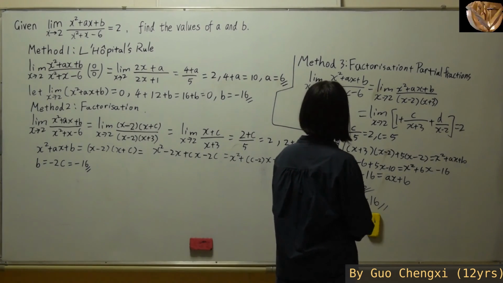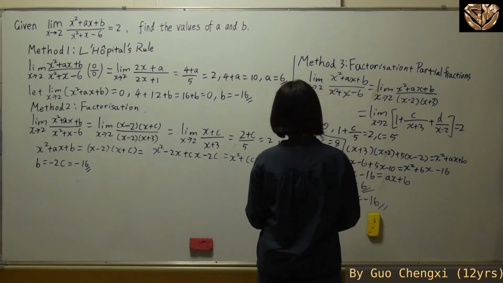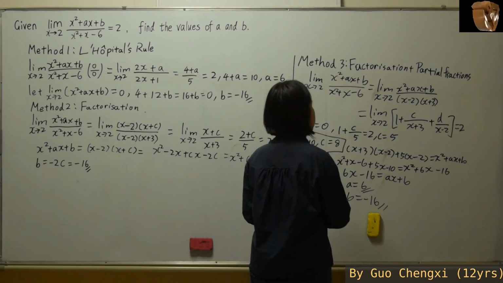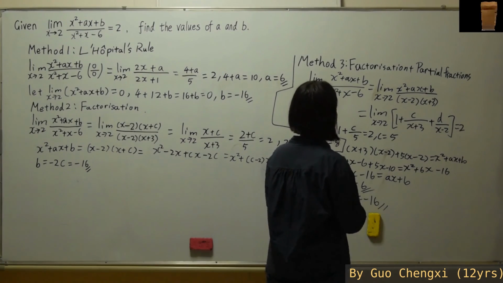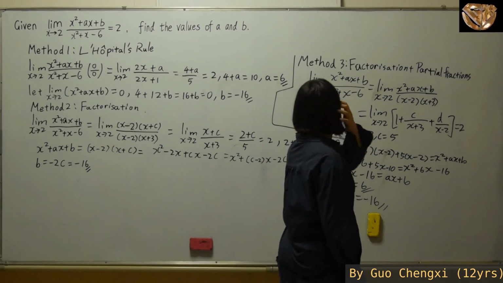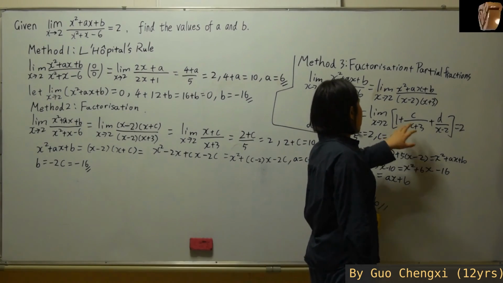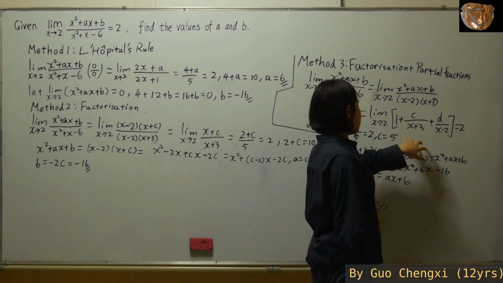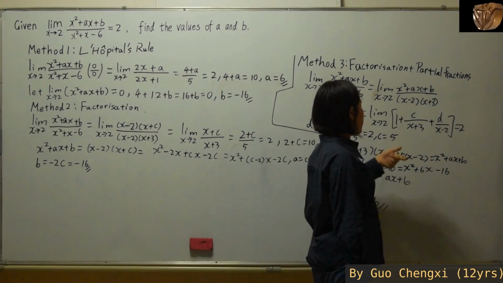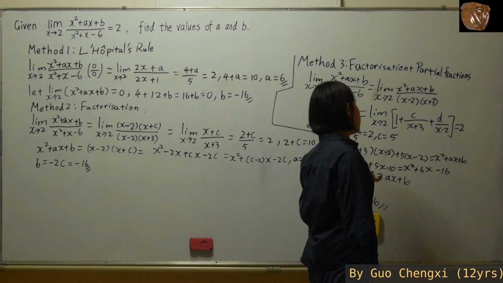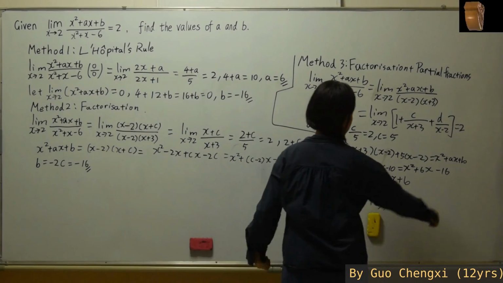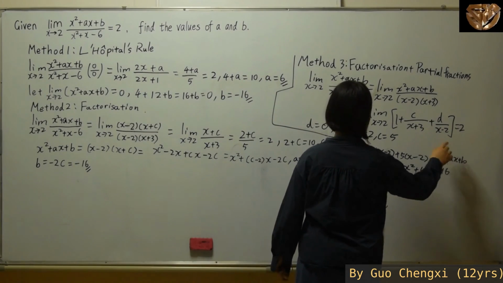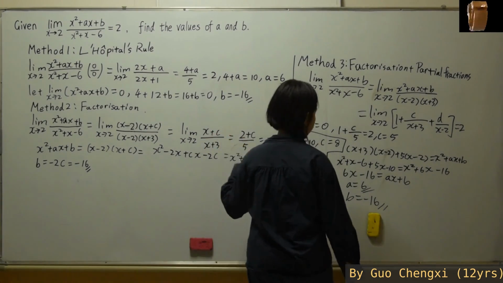For the factorization part, it's the same as method 2, it's just that it is only for the denominator. While for the partial fractions, after the denominator factorization, what we mainly did was separate it, where we have 1 for the coefficient of x squared, and then this part will be equal to 2 because that's what we're given.